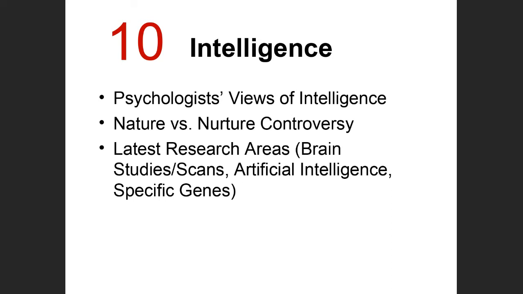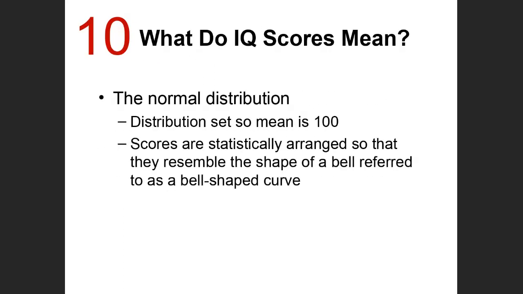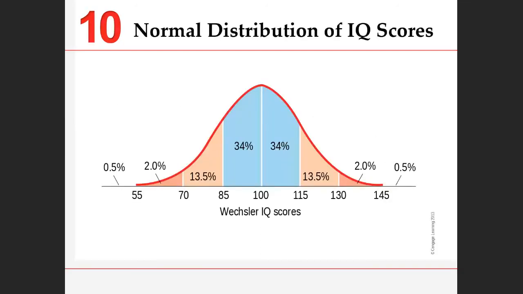So G is general intelligence, and that's typically what would be measured on an IQ test, where they set the scores in what's called a normal distribution. So this is an example of a normal distribution where from 85 to 115 is considered average.